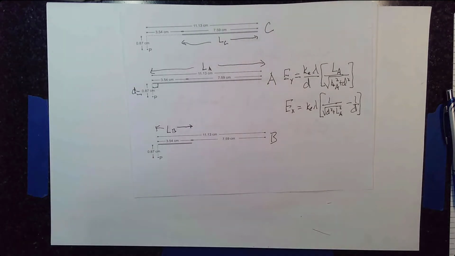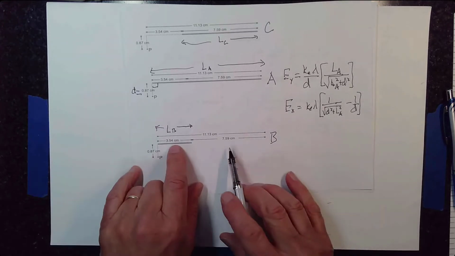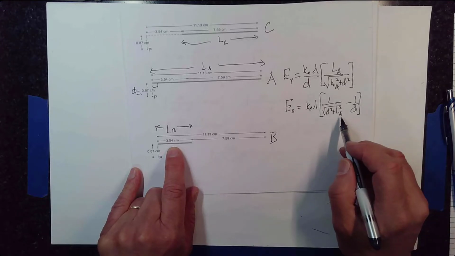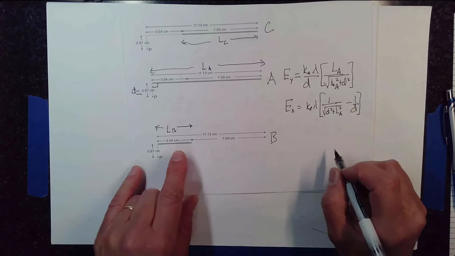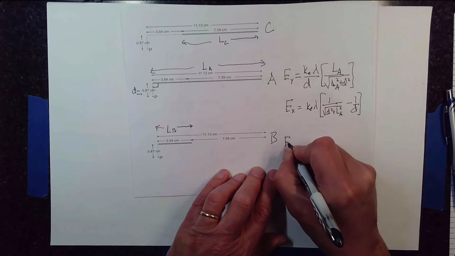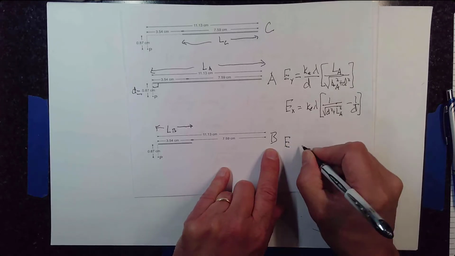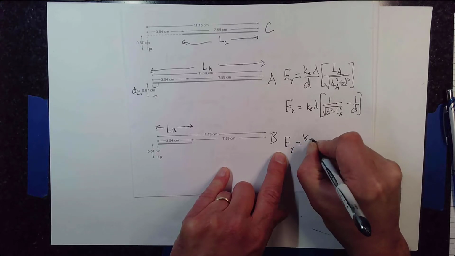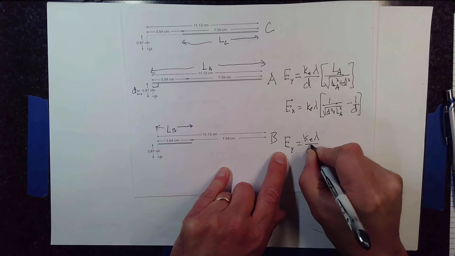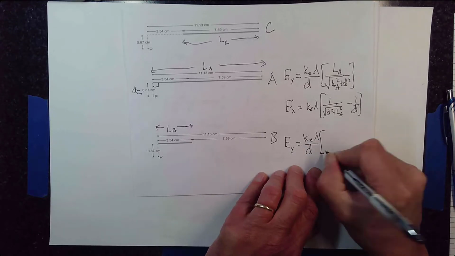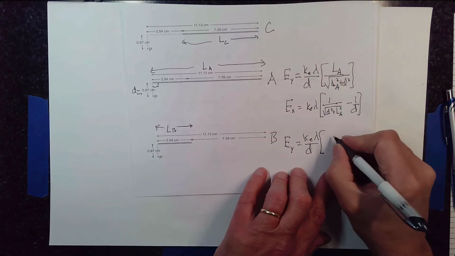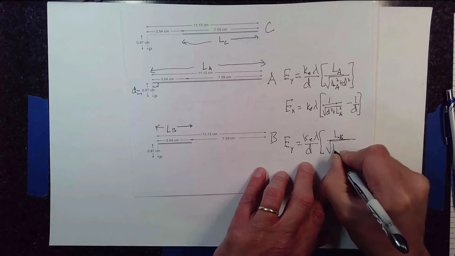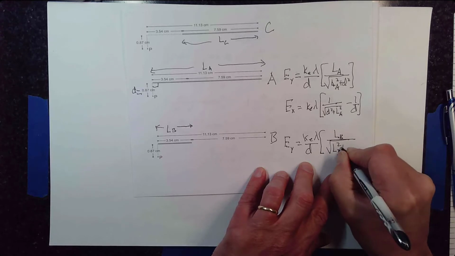Now, down here, I'll have exactly the same expressions, except instead of L sub a, I will have L sub b in each of them. And so for part B, I'll have e sub y is equal to k sub e lambda divided by d times, I just changed my L sub a's to L sub b's, L sub b over the square root of L sub b squared plus d squared.